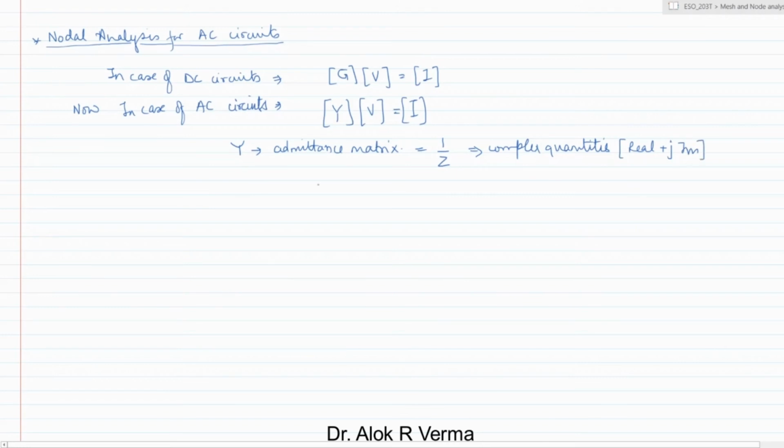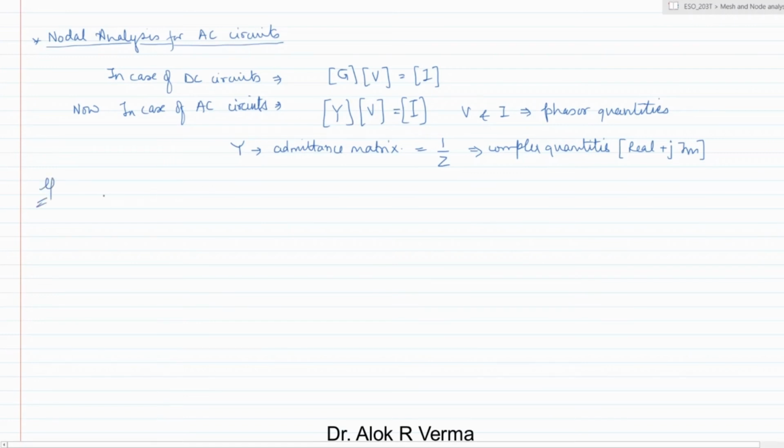Similarly, the voltage and current here will be phasor quantities. So this is the difference. The process will be the same, but the quantities will be complex and phasor. So let us consider an example.